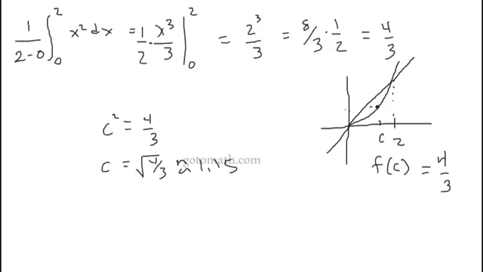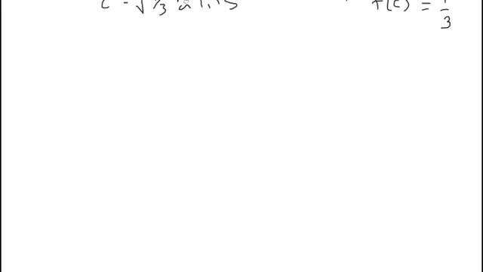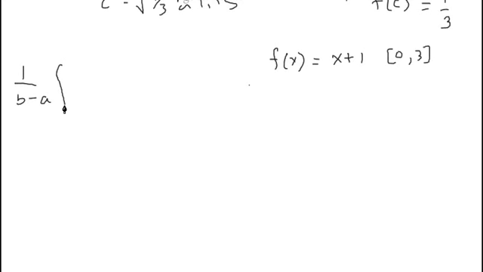So all you got to do is, if you were asked, and more than likely this is what it will be, you'll be given some function. For example, we'll do something easy, and we're on the interval between 0 and let's say 3, and you're asked to find the average value. You're going to use this.